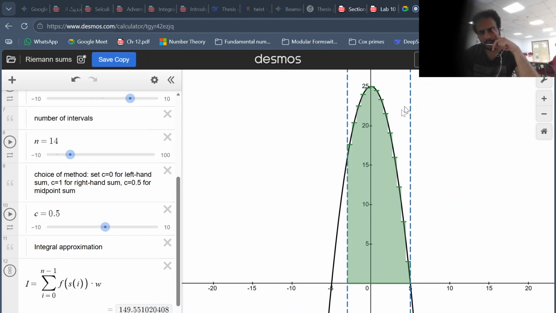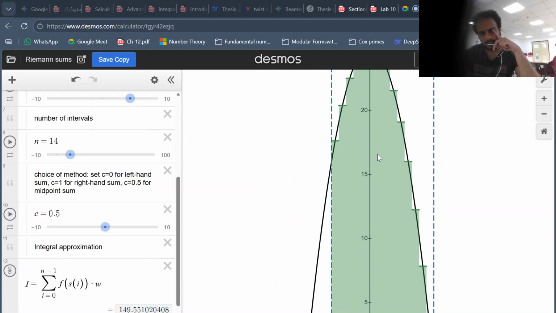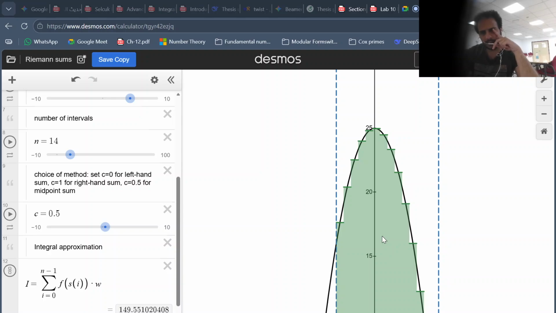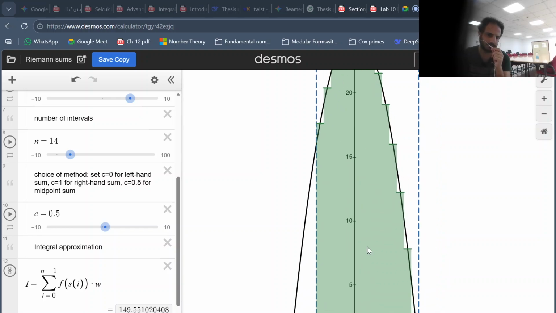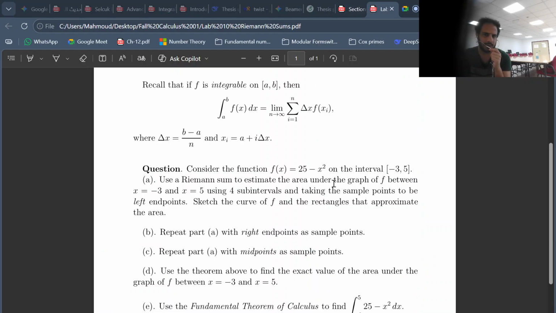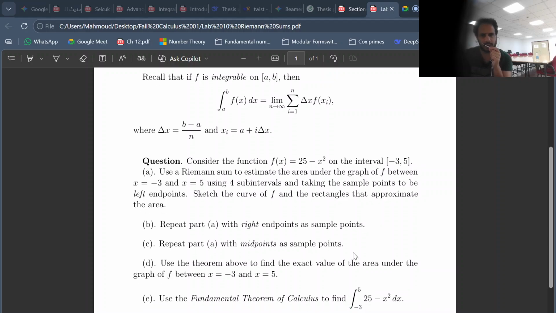So even before reaching infinity, 100 rectangles may give you something very good. But when we integrate, we will get the exact result, because integration is the limit of the Riemann sum. The limit as n goes to infinity is the integration, okay? So it will be easier to integrate, but we need to understand this. So we use this to understand. Now let's solve it.